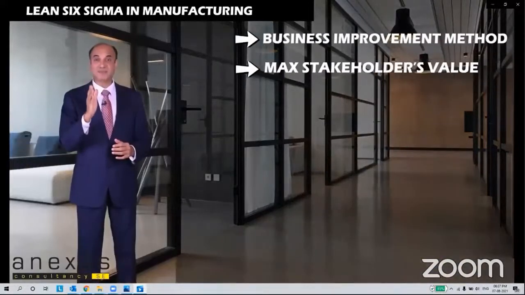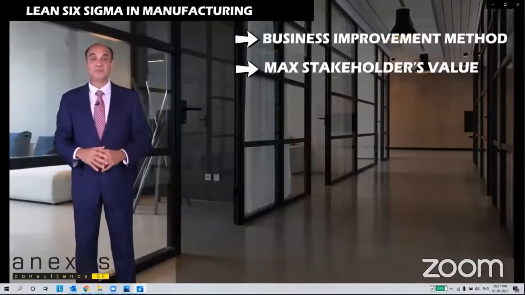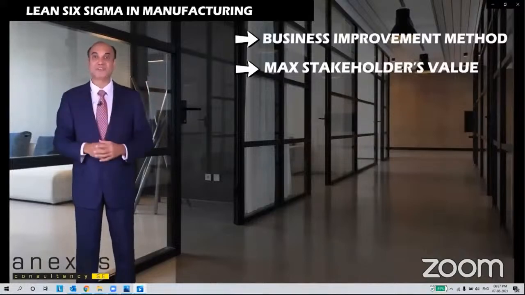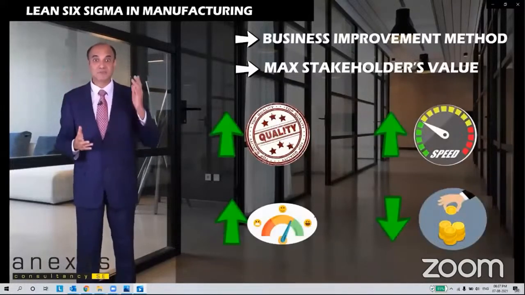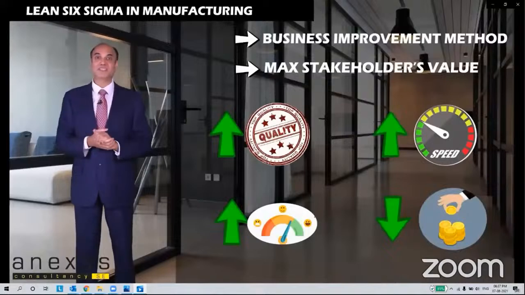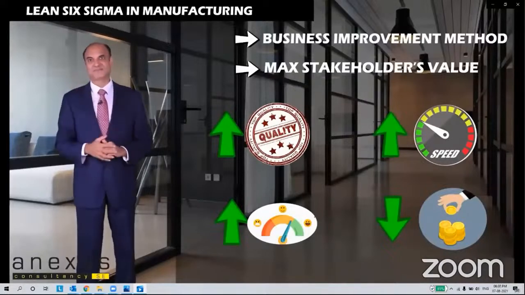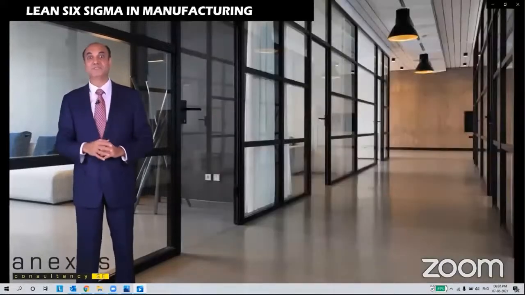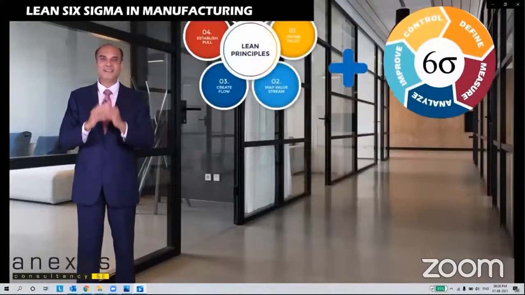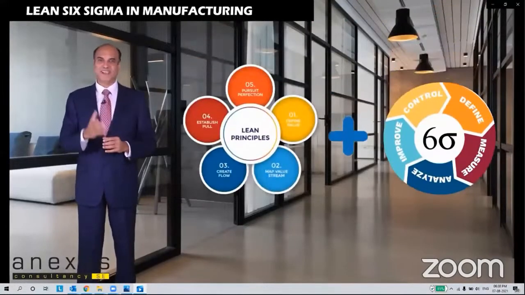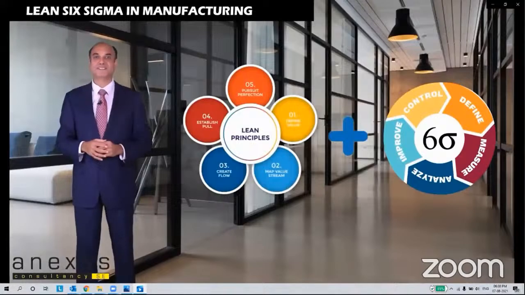Lean Six Sigma is defined as a business improvement method that aims to maximize the shareholders' value by improving quality, speed, and customer satisfaction, and reducing costs. It merges tools and principles from both Lean and Six Sigma to do this. It has become the most popular business strategy for deploying continuous improvement in the manufacturing industries.